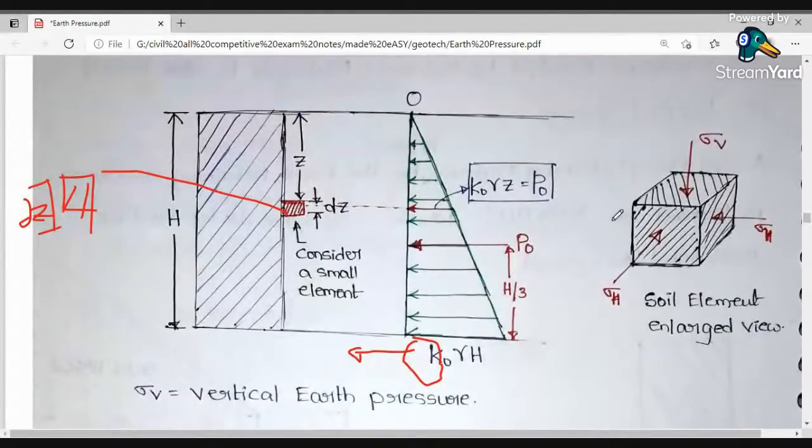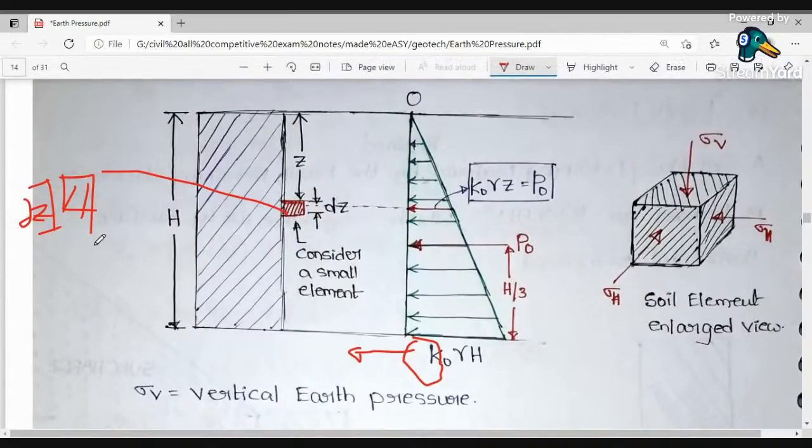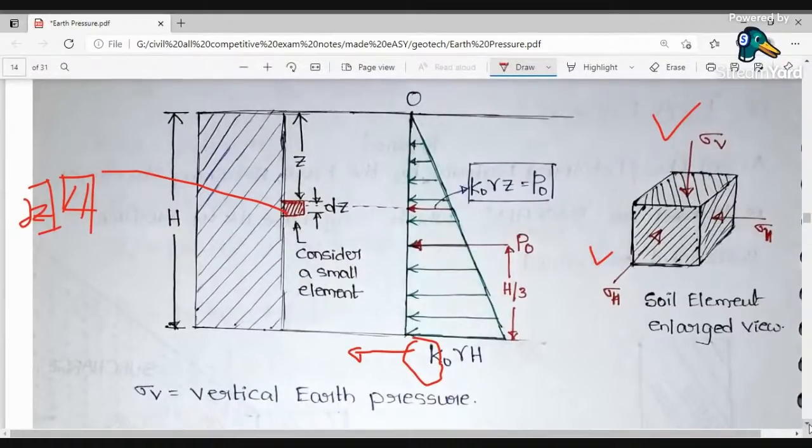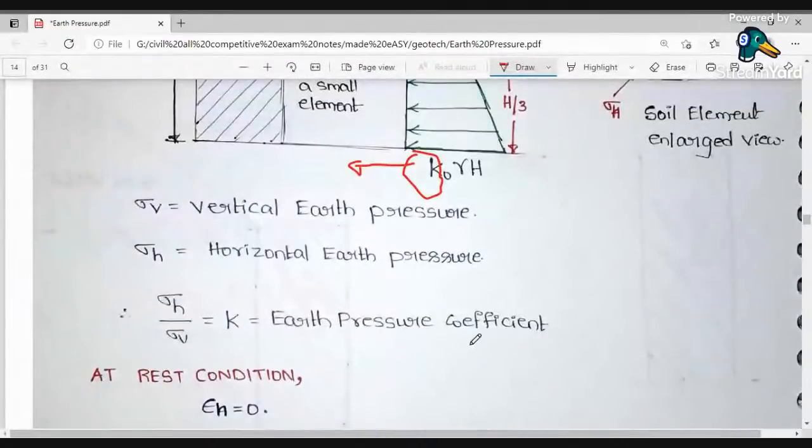So we are taking one small element, that is dz. In dz several forces are acting. First force is sigma h, which is basically the horizontal stress on that particular element, and the other is sigma v, that is the vertical stress on that particular soil element. So these stresses are acting on that particular element.